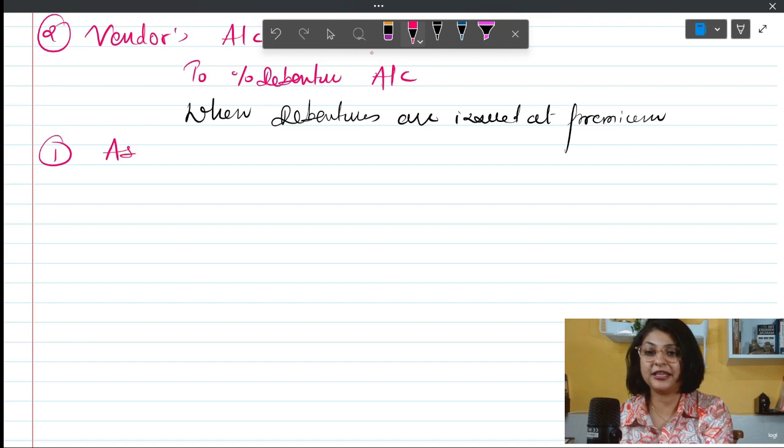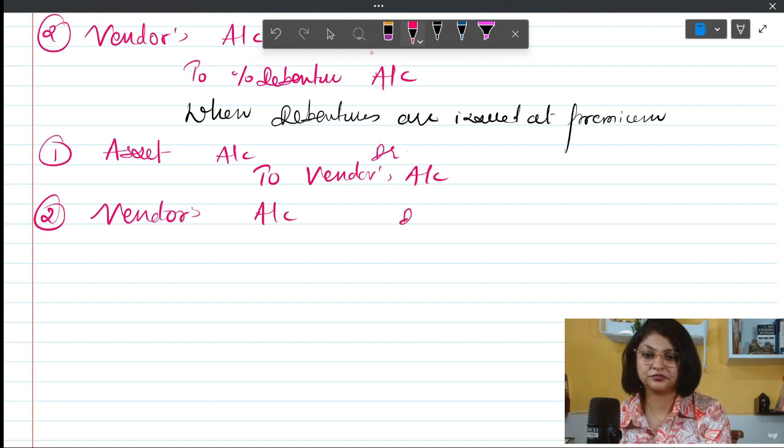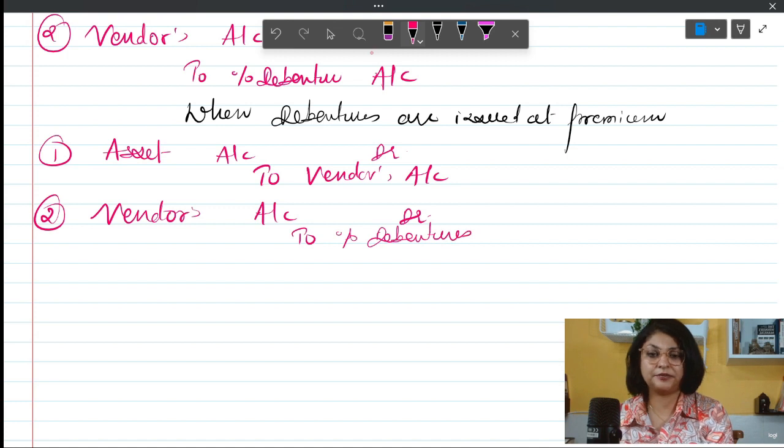We will write the asset account debit to vendor account. And the second entry is going to be vendor's account debit to percentage debentures as well as securities premium. Why? Because the shares or debentures are issued at premium.